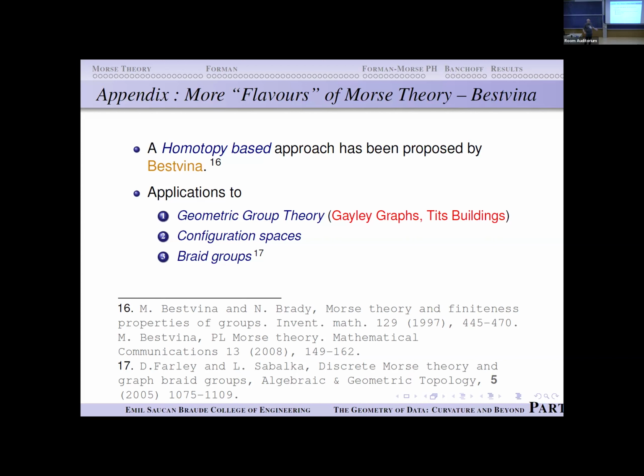And if, I may say so myself, Cayley graphs are attackable in this manner, of course, any graph could be explored in this manner. So that's my hint. And they also worked on configuration spaces and on braid groups. There is an application, a somewhat different approach but basically the same idea, by Farley and Sabalka for braid groups.